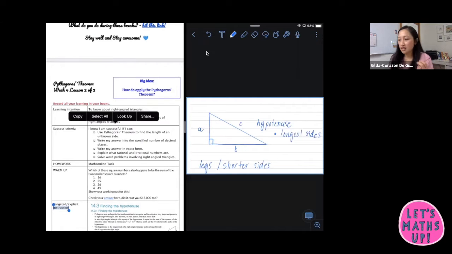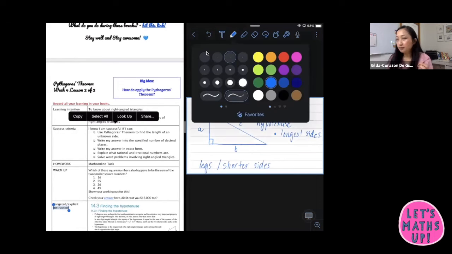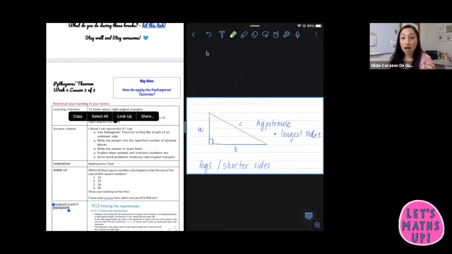It's also the side that's opposite the right angle. This side faces your right angle, or you can say the right angle faces that longest side. So they are opposite each other.